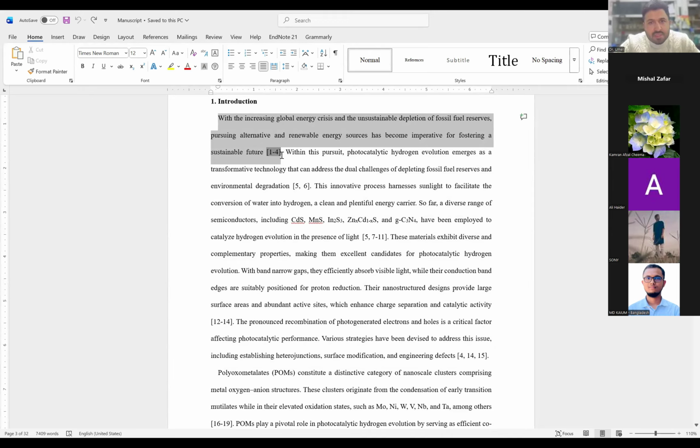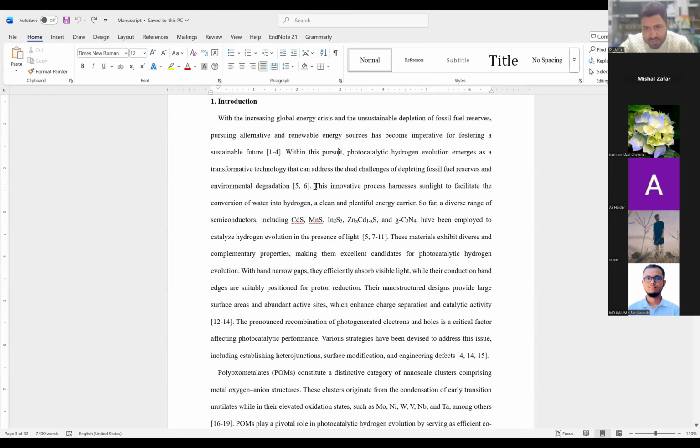This is the reason, the key problem that we are going to discuss and why we conduct this research. This is the problem, and this is the solution. Within this pursuit, photocatalytic hydrogen evolution emerges as a transformative technology that can address the dual challenges of depleting fossil fuel reserves and environmental degradation.